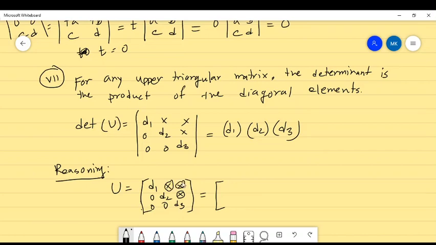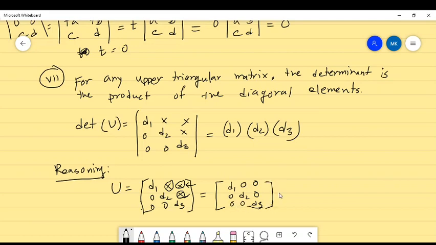So after some elimination, you multiply something with d3 and subtract it from this 1 3 element and it becomes 0. Similarly, you can get 0 here, and there were zeros here from the start.